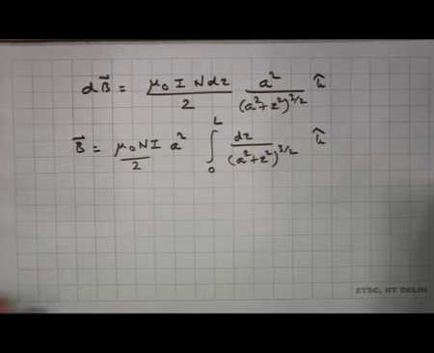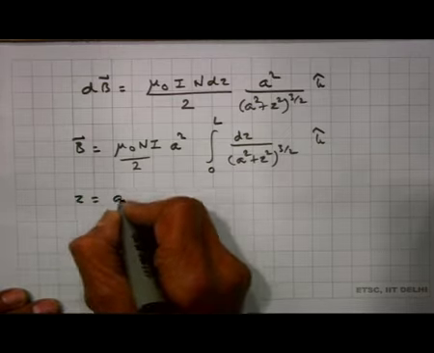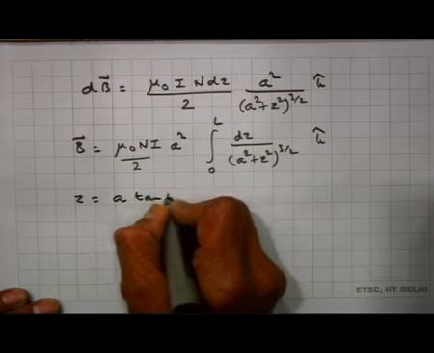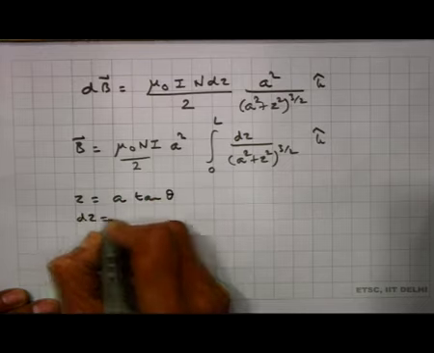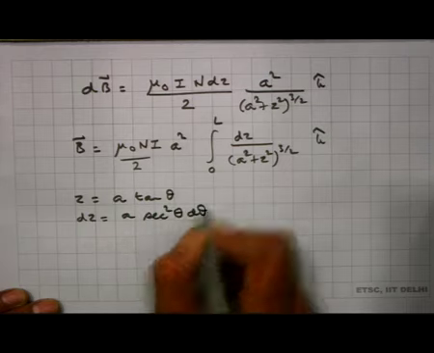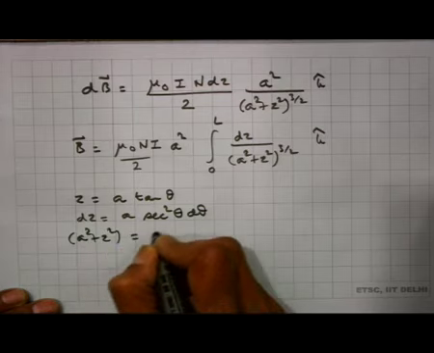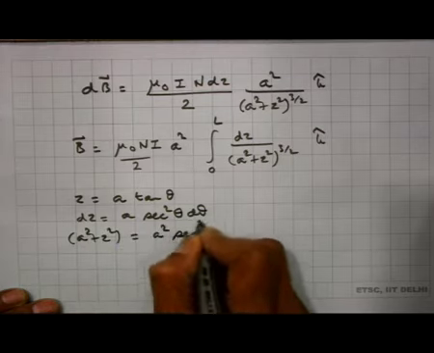Now, this is a straightforward integration. All I have to do is to replace z is equal to a tan theta. So, dz is equal to a secant square theta d theta, a square plus z square will be equal to a square secant square theta.